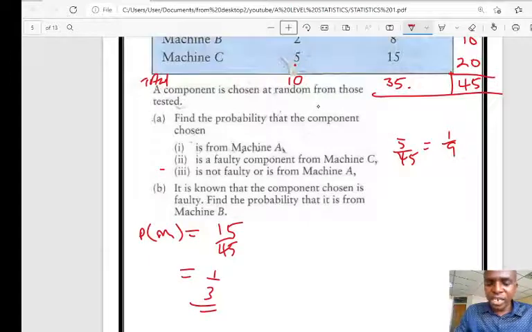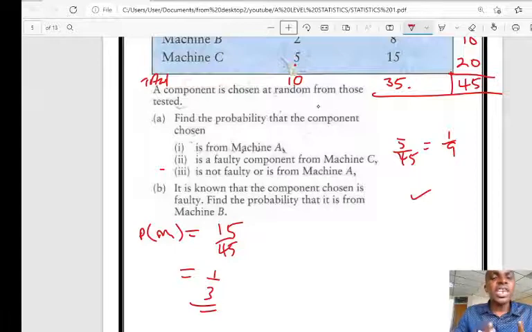Next part, next question, part B. This one, it is known that the component chosen is faulty. Find the probability that it is from machine B. This one is part of what is known as conditional probability. Don't worry, there's another video that I have done on conditional probability.